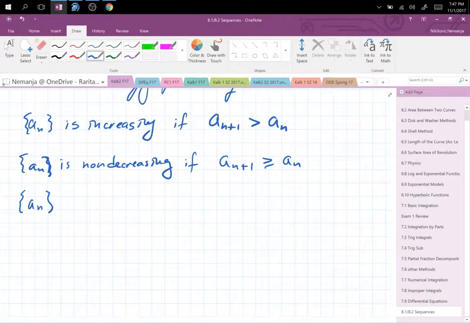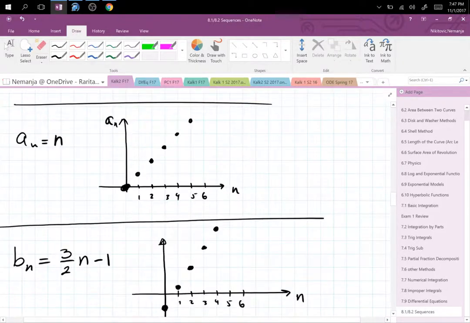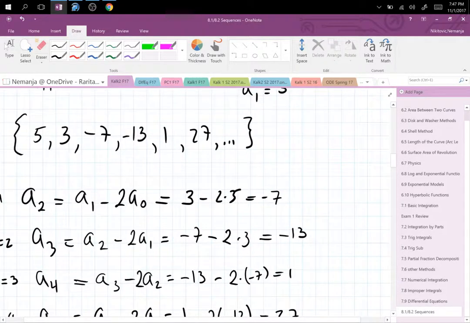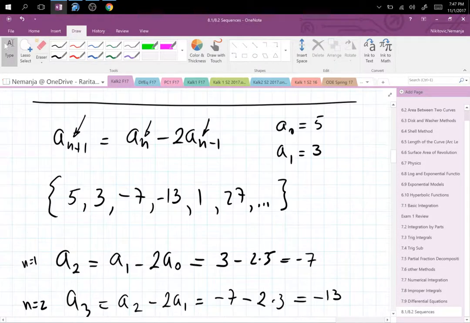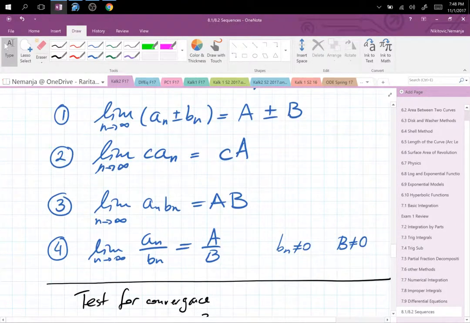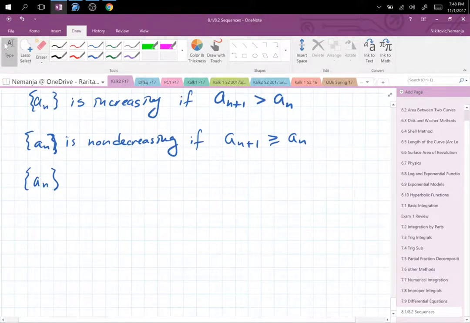Because in one of the other examples that we did, it went 5, 3, 7, or -7, -13. So it's going both ways. Exactly. It's not going to be anything on our list. So it has to be the whole sequence, not just a portion. Exactly, or the portion of the sequence that you're observing.